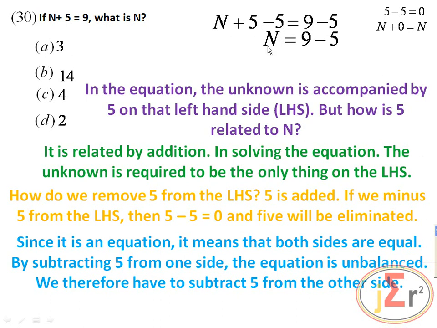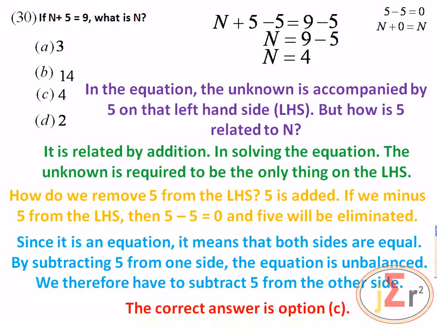The 5 is eliminated, and we also subtract 5 from the right hand side. N is therefore equal to 4. The correct answer is option C, 4.